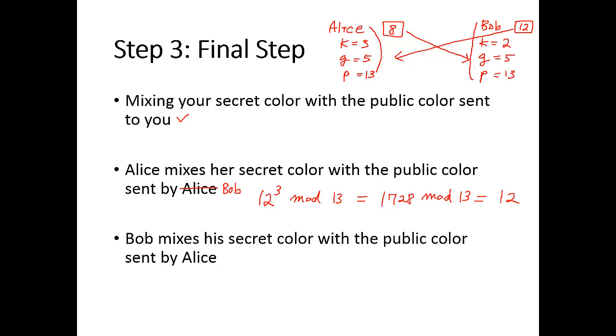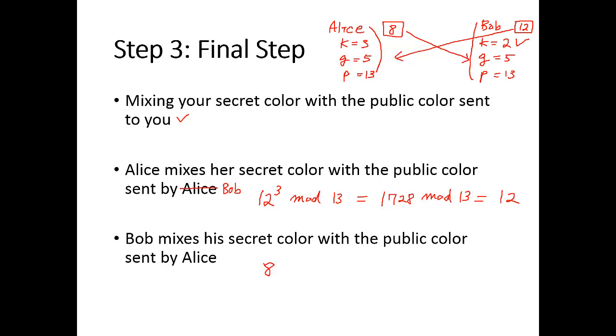So Bob mixes his secret color with the public color sent by Alice. So the public color sent by Alice is number 8, and we are using it as our generator, and the key Bob used was number 2, as you can see here.